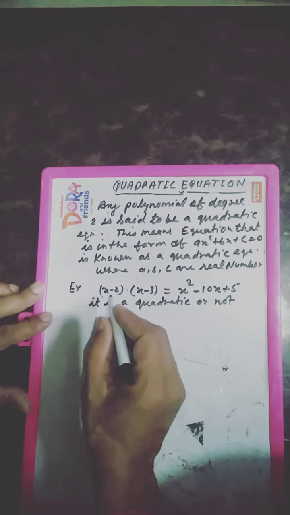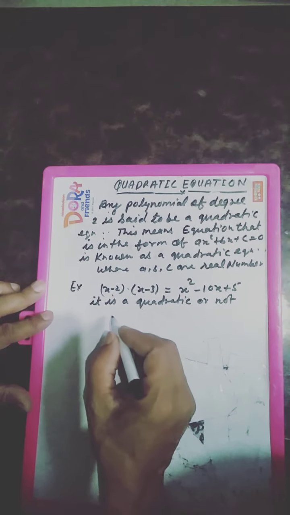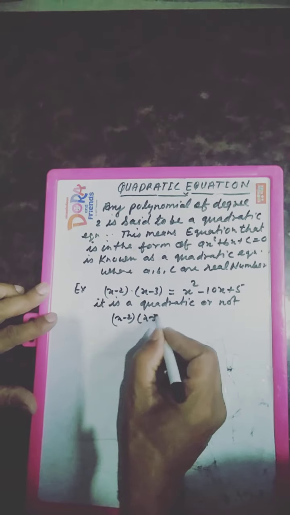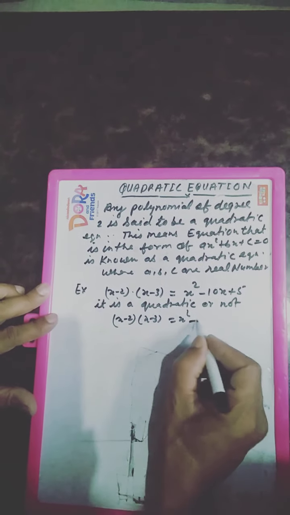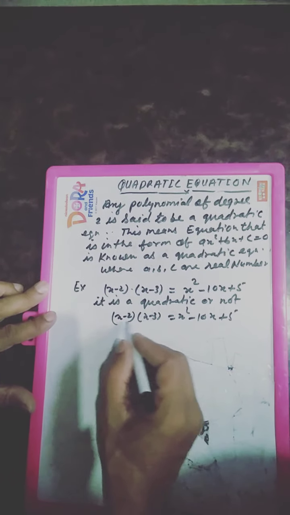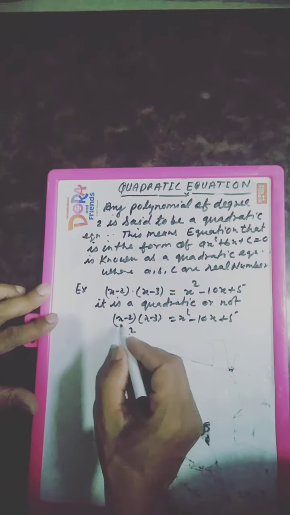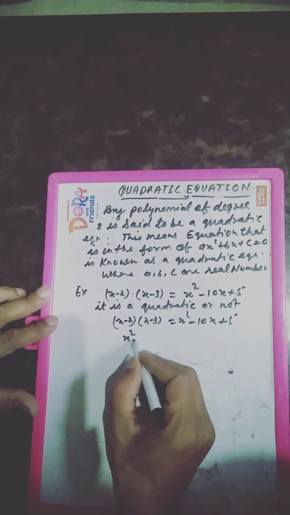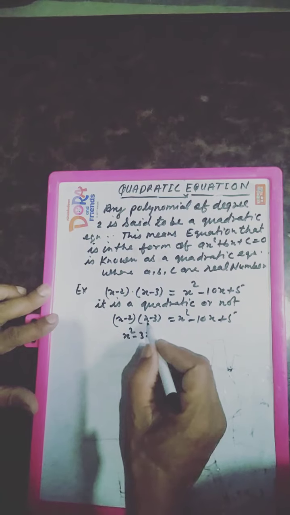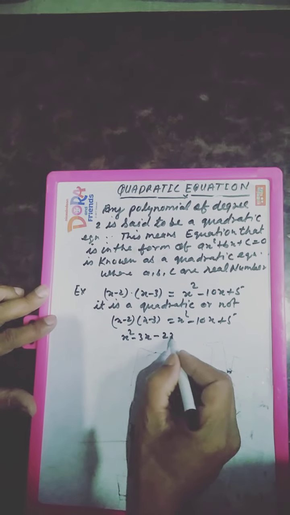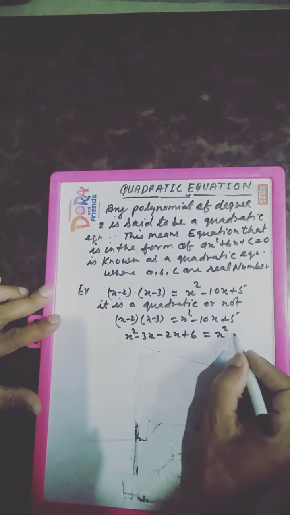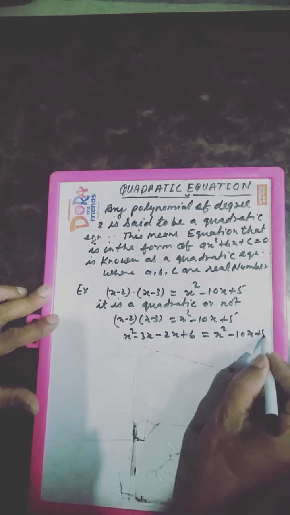So we multiply first of all in the left hand side, x minus 2 into x minus 3 is equal to x square minus 10x plus 5. Multiplication of x to x is equal to x square, further x multiplied by minus 3, so minus 3x, again we multiply minus 2 by this one, so we get minus 2x plus 6, and x square minus 10x plus 5.